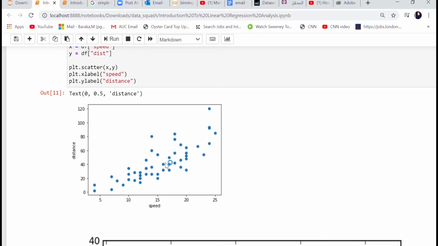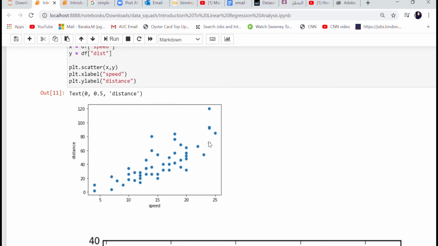And when we plot the data, we'll have this interesting scatter plot. And from this scatter plot, we can see that, first of all, the speed and distance are positively correlated. So whenever we increase the speed, we will notice that the distance is also going to increase. So that's one thing. The other thing is, we can notice that the relationship between the two variables is kind of linear.